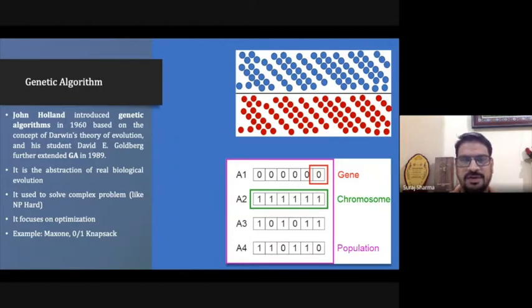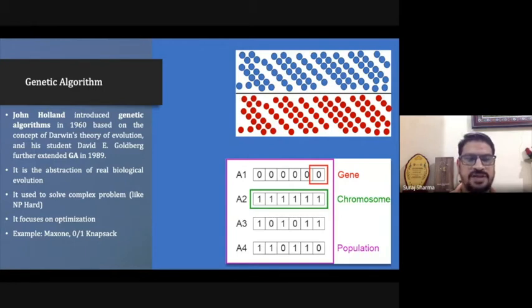Let's say two parents come together and generate a child, and that child will get the best of the two parents. In that way, the human being evolves. Okay, that is the theory given by Darwin.